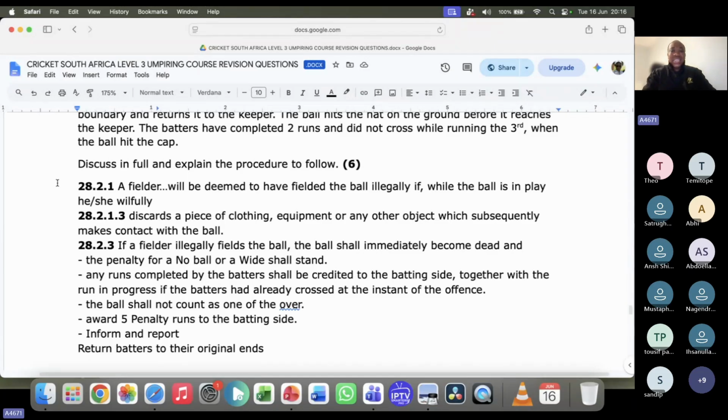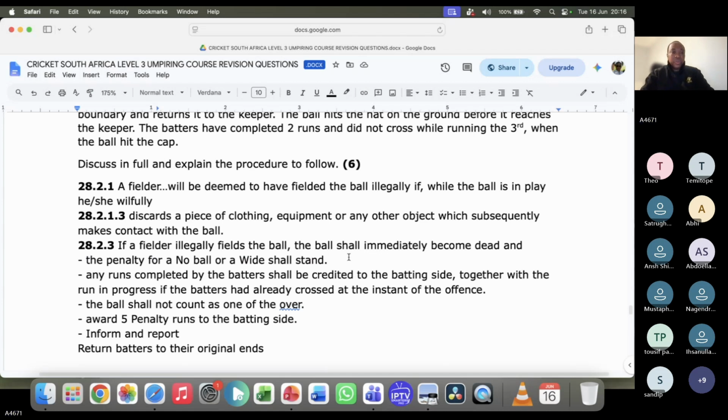The ball shall immediately become dead, and I'm not sure if you said it was a no ball, Tosif, but remember the phrase in the law book says the penalty for a no ball or a wide shall stand. And I think it's always a good idea to write if applicable.